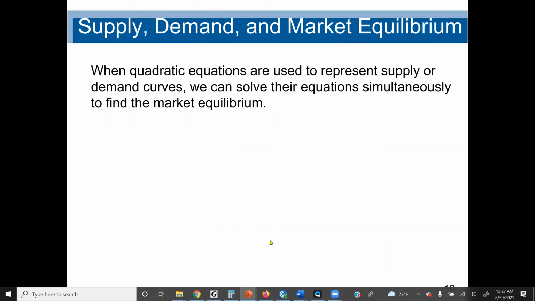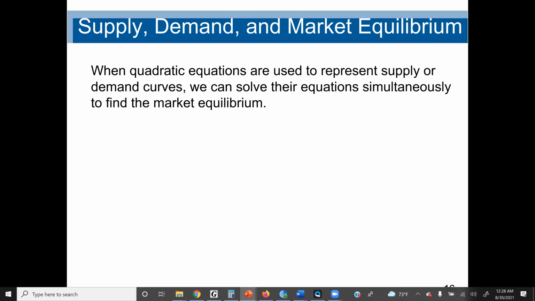So when quadratic equations are used to represent supply or demand curves, we can solve their equations simultaneously to find the market equilibrium. Market equilibrium means the supply is equal to the demand. So if I have a supply function and a demand function, I will equate the two functions together.